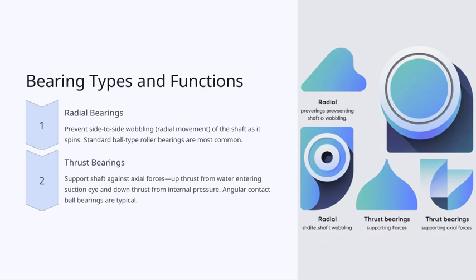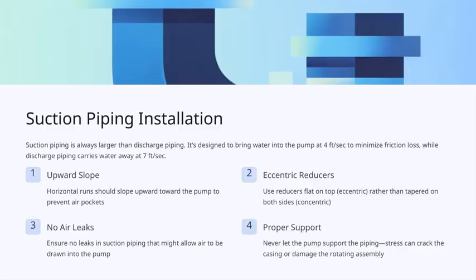Understanding these bearing types and their specific functions is key to ensuring the system operates smoothly and efficiently. Proper bearing selection directly impacts the longevity and performance of the equipment, which ties back to our overall theme of maintaining optimal operation.